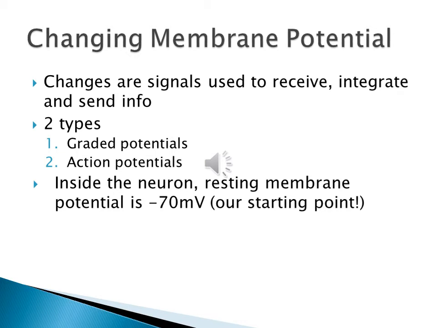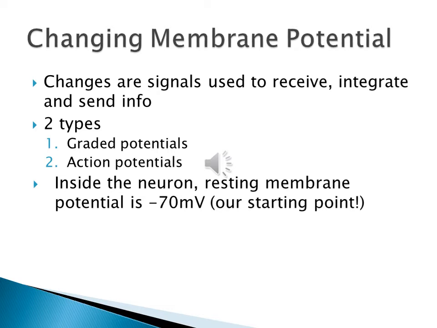So changes are the signals used to receive, integrate, and send information. We have two different types of changing membrane potential, and toward the end of this lecture, we're going to compare these side by side so that you can see them with more clarity. But first up are our graded potentials, which are incoming short distance signals.